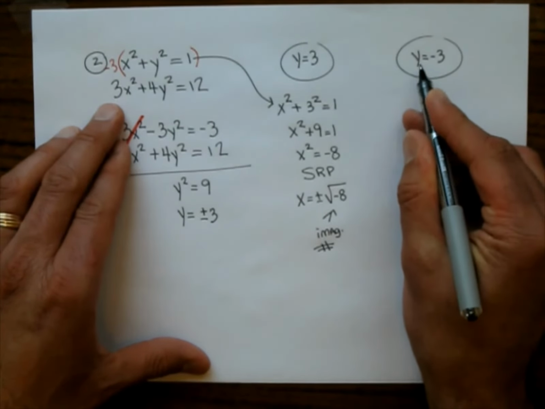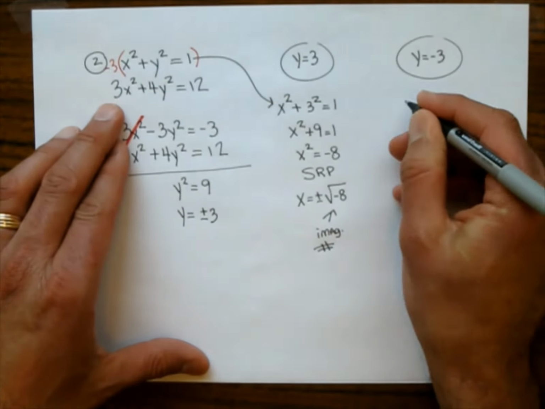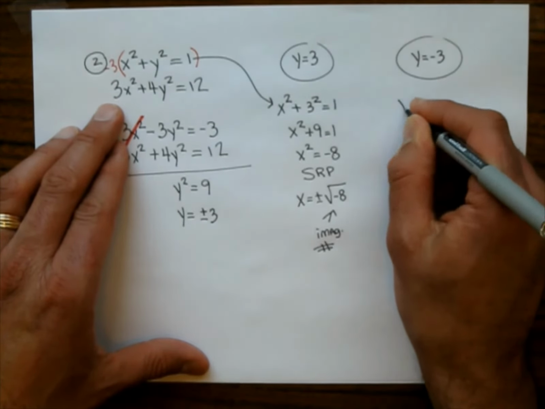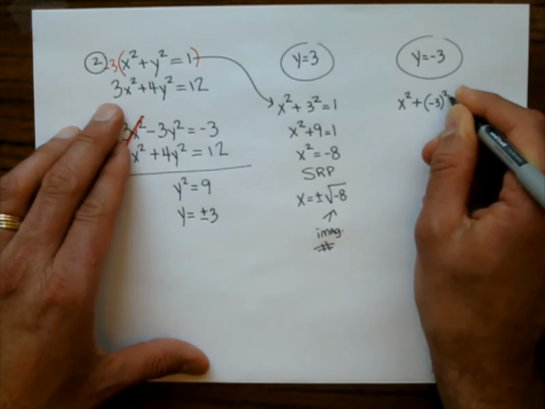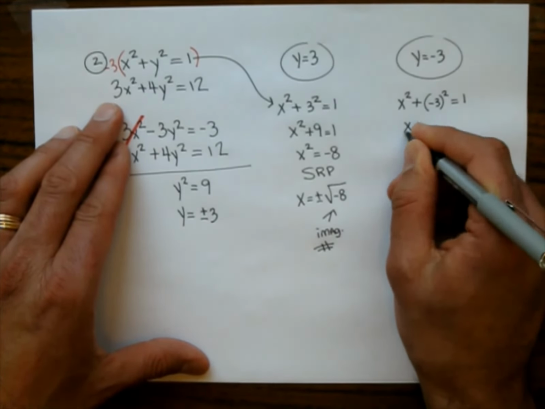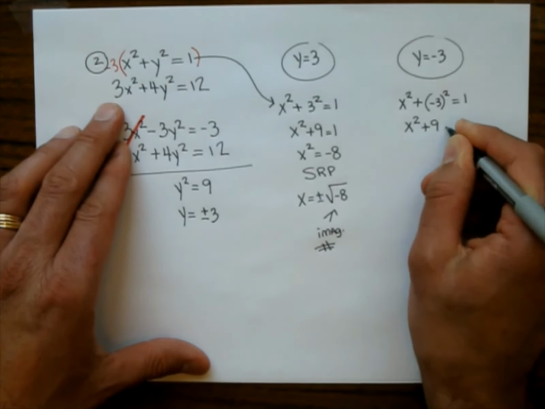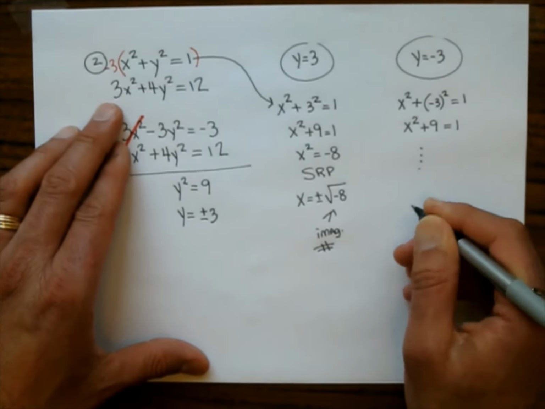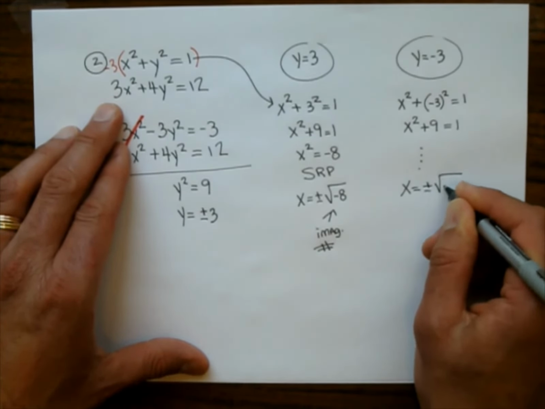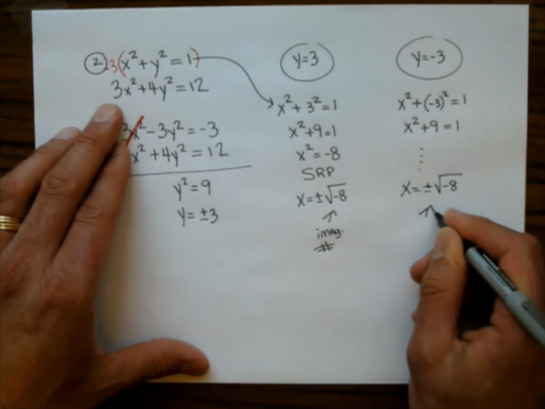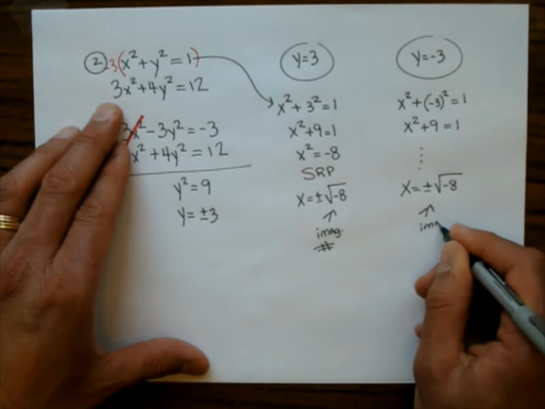Now, you got to put y equals negative 3 into that top equation. I have x squared plus negative 3 quantity squared equals 1. I get x squared plus 9 equals 1. Same thing. We get x equals plus or minus square root of negative 8. This is another dead end.